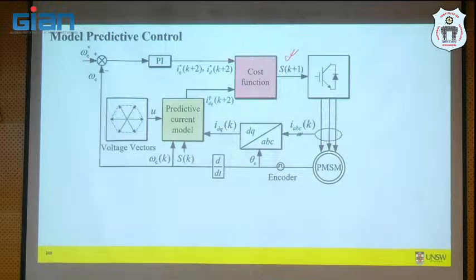Okay, I think in the next part of the lecture you will be exposed to what this model predictive control means. Again, for model predictive control, since we are not using PWM or SVM, it is discrete switching signals going to the inverter. So same problem, large torque ripple and large ripple in the flux. Okay, so in the classic model predictive control, it's the same problem as DTC.